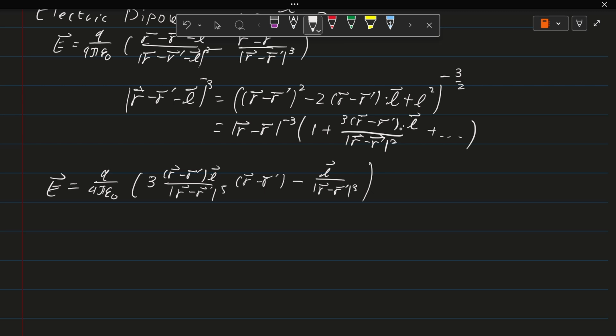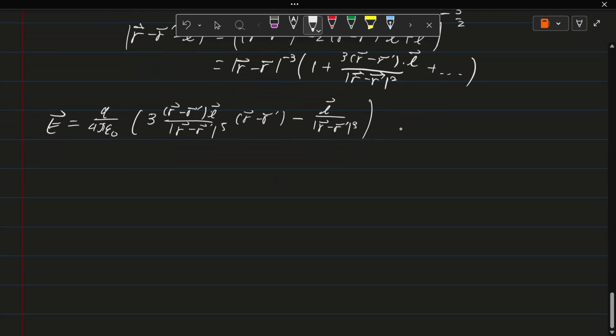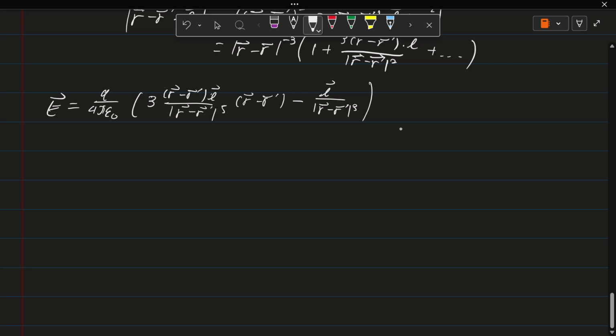This is when L goes to 0. So maybe we could denote a certain value, P vector, which is Q L vector. This is just a definition to simplify our writing.